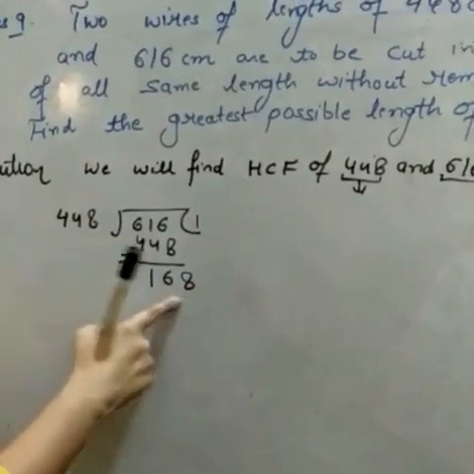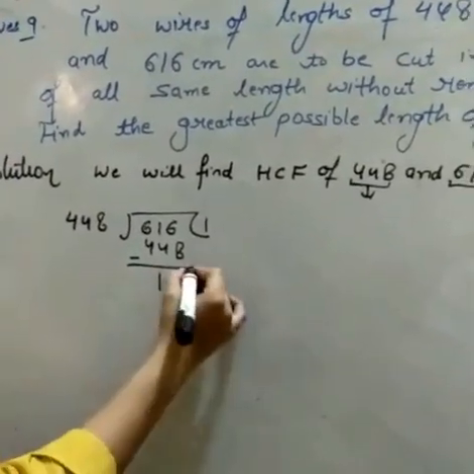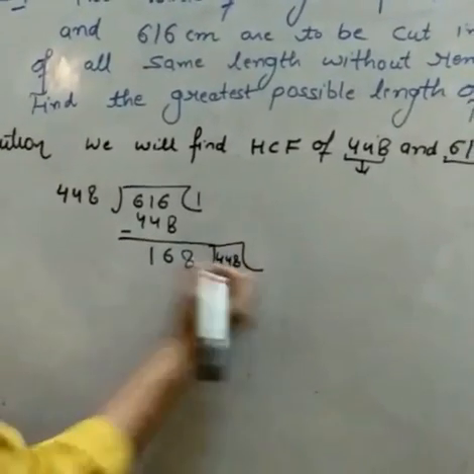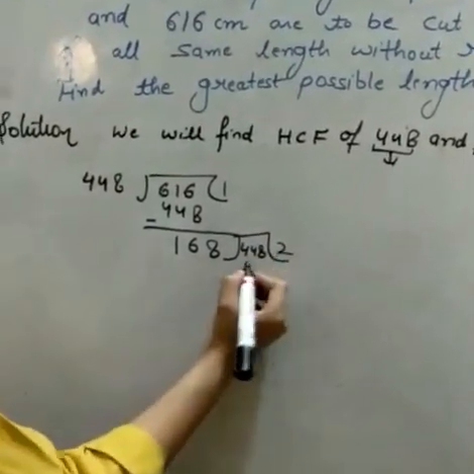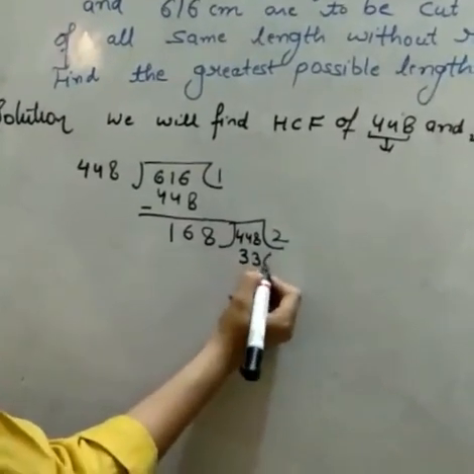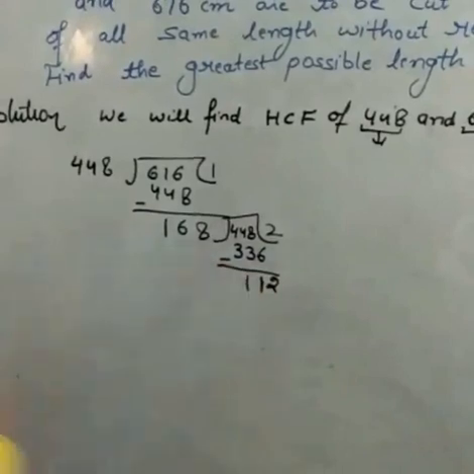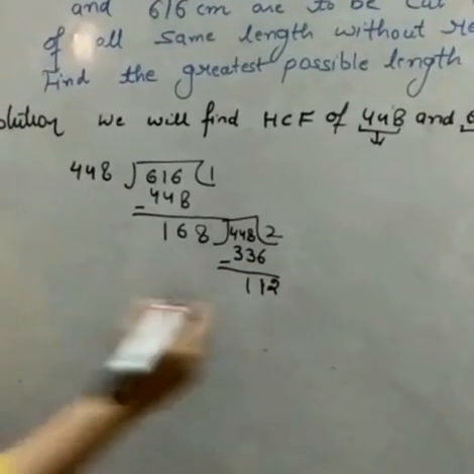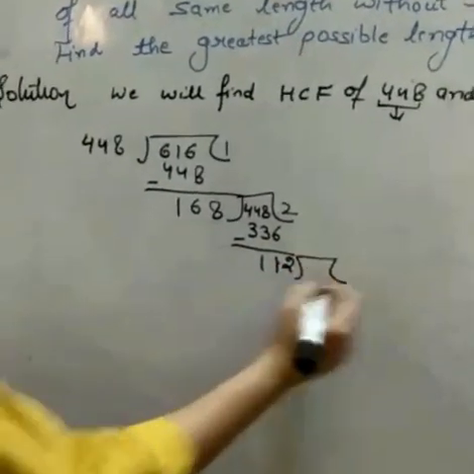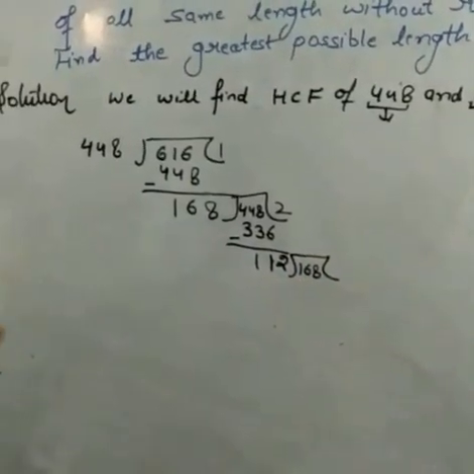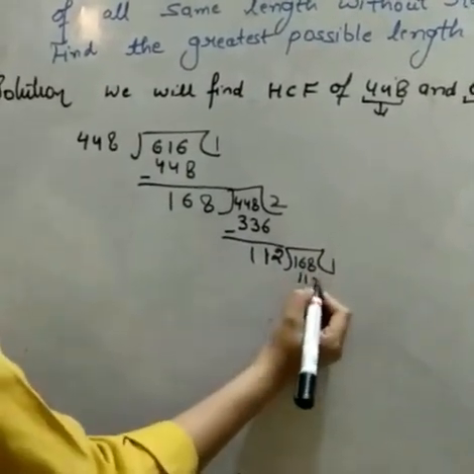Now 168 will become divisor and 448 become dividend. So we will write, what will come? 336. On subtracting we will get 112. Now 112 will be divisor and 168 will be dividend. So it will be divisible only by 1.